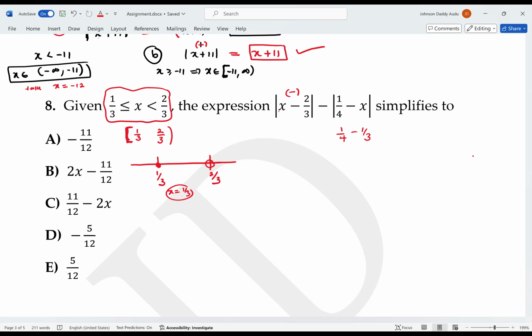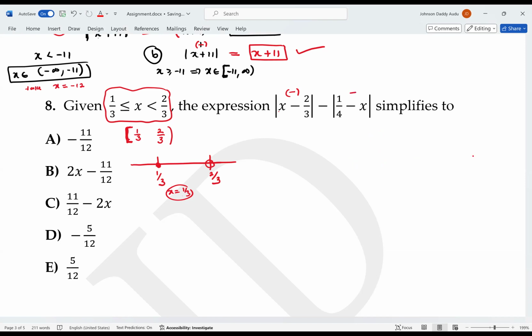If you want to do LCD, you can multiply this by 4 over 4, multiply this by 3 over 3. So you will have 3 over 12 minus 4 over 12, which is just minus 1 over 12. So it's a negative number. Now, what is important is whether it is negative or positive. So it is negative.